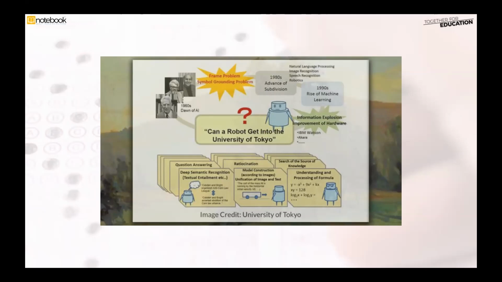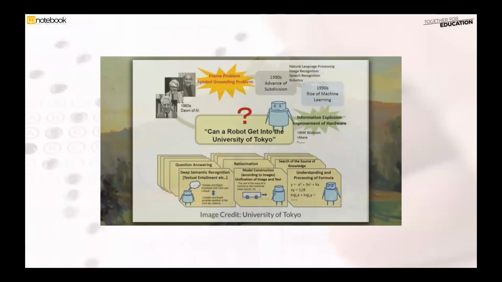Let me give you an example of how a modern artificial intelligence system works. Now, the Todai robot was asked, what was Mozart's last symphony? And given a hint, a clue that it shares its name with a planet, right?